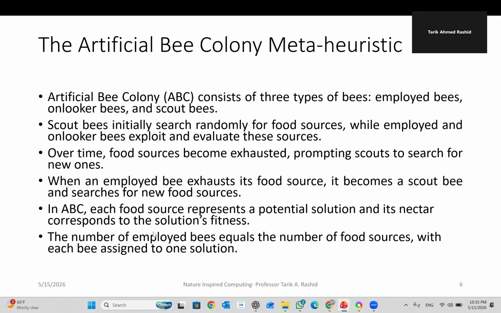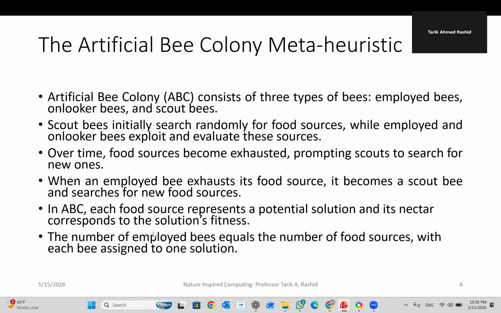Scout bees initially search randomly for food sources, while employed and onlooker bees exploit and evaluate these sources. Over time, food sources become exhausted, prompting scouts to search for new ones. When an employed bee exhausts its food source, it becomes a scout bee and searches for new food sources.